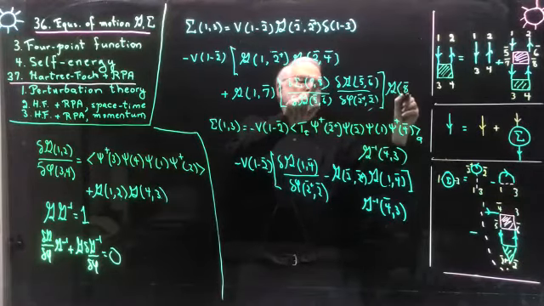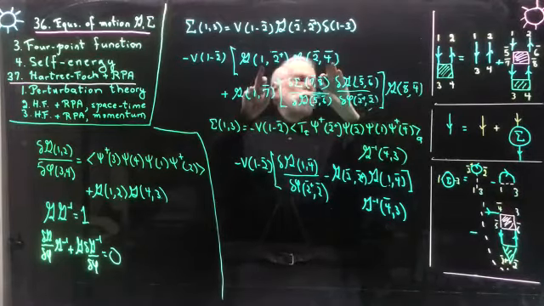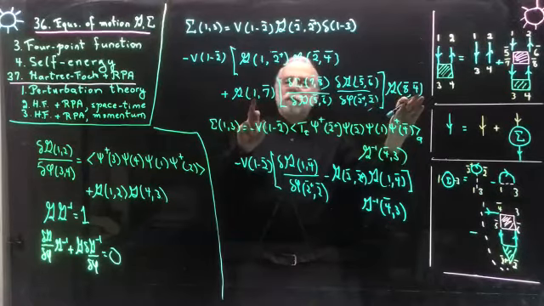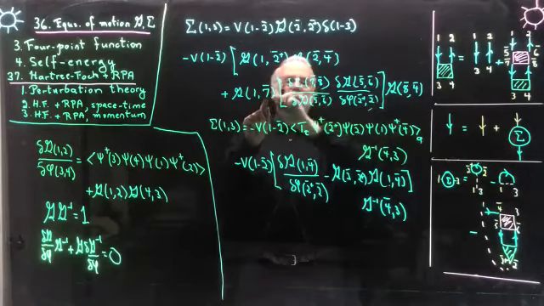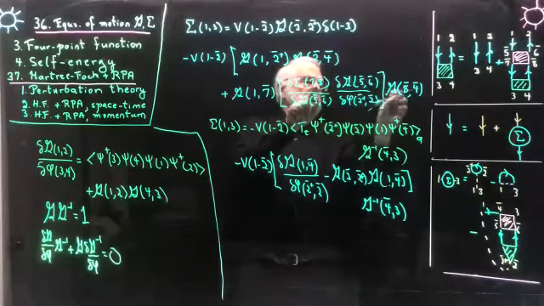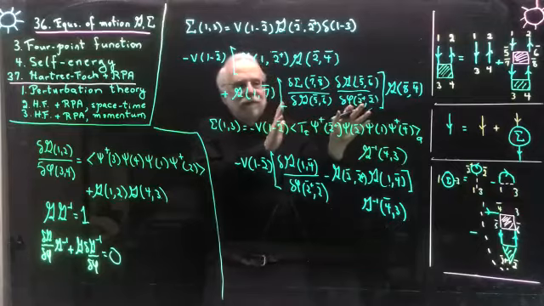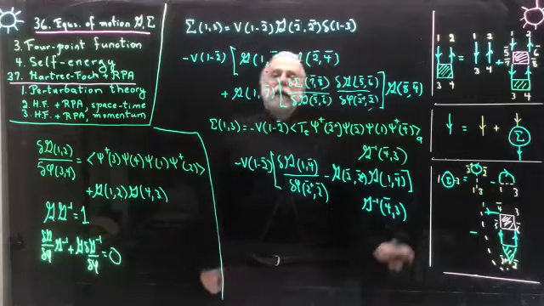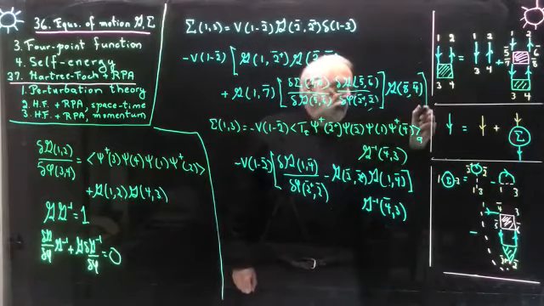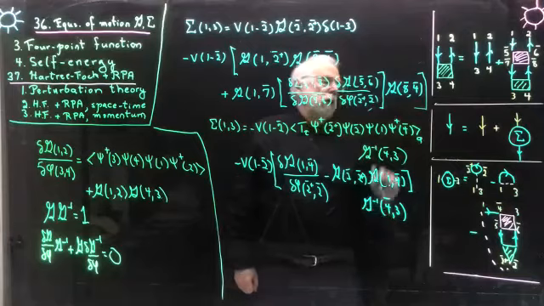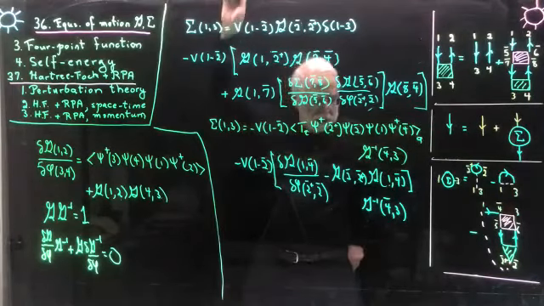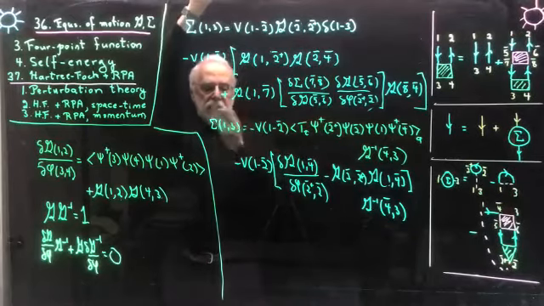So G of 8 bar 4 bar. Okay. Here we had 1 4 bar, and here it's the same. We get 1 4 bar. And remember that we had a matrix product. So 7 goes with this, 8 goes with that. And here we had delta sigma delta phi, but we used instead the chain rule. Okay. And then we need to multiply all of this by G minus 1 of 4 bar 3. Okay. I can get rid of this.